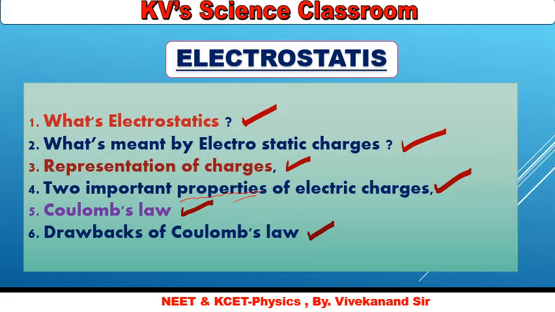Third is representation of the charges. Fourth is two important properties of electric charges. Fifth is Coulomb's law, which tells us how to measure the force between two charges. And last is the drawbacks of Coulomb's law.